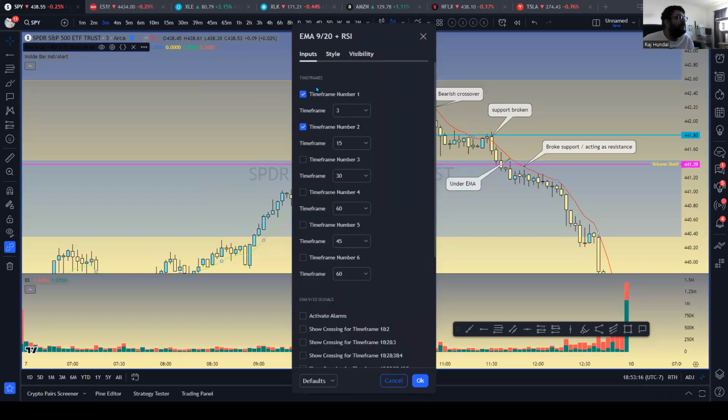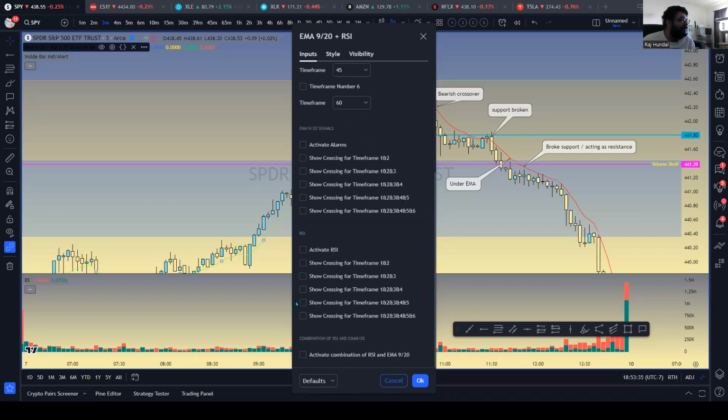So this tells me that the crossover happens on the 3-minute and the 15-minute. Because again, I'm a day trader. I like the more momentum style plays, so I like the 3-minute and 15-minute, knowing when they cross over. I have all this other stuff crossed out because I don't need it.